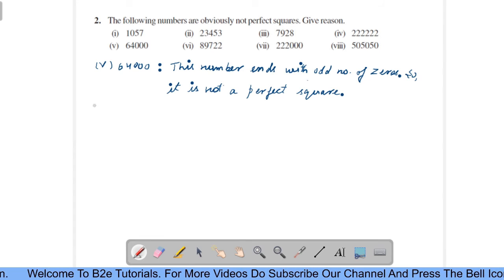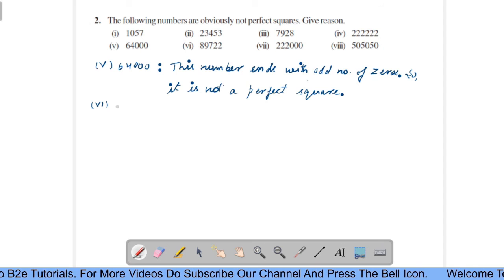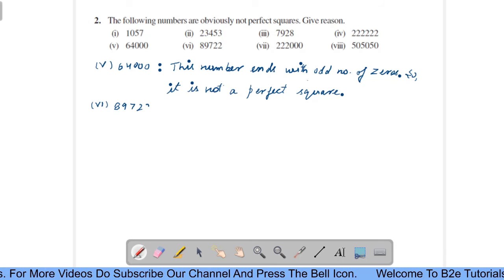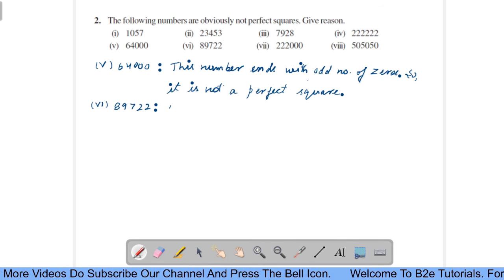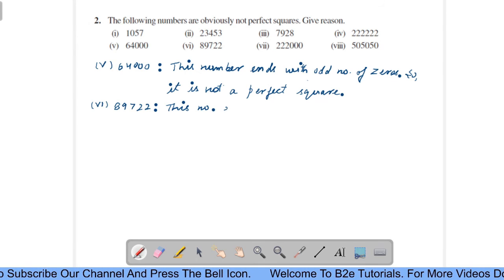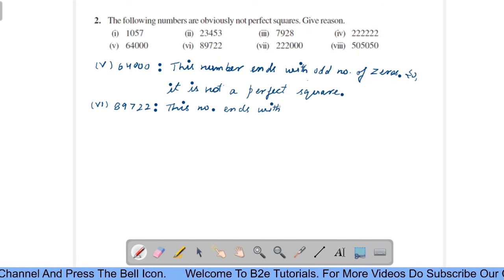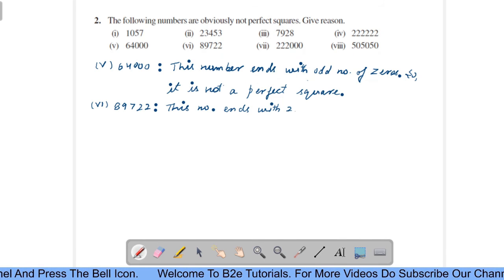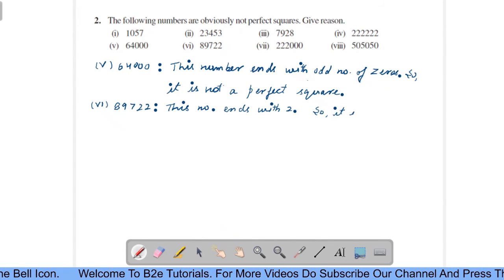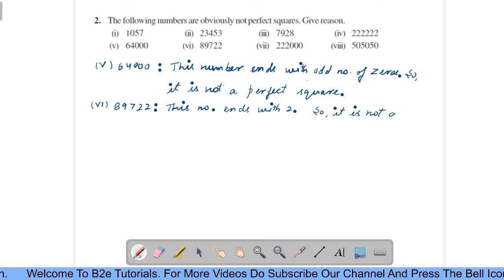Now come to sixth part, it is 89,722. This number ends with 2. So it is not a perfect square.